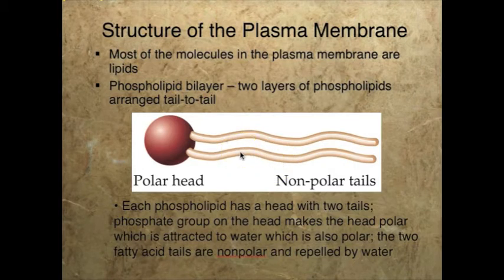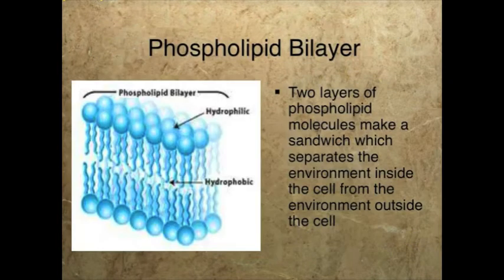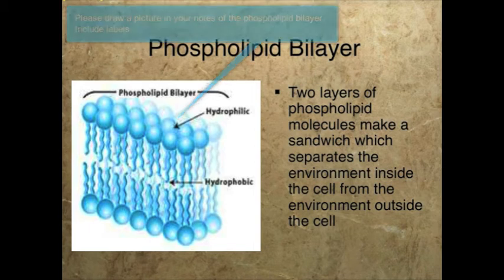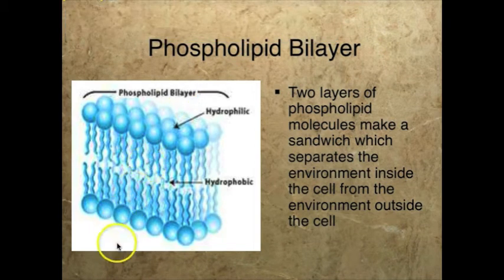So the polar head is attracted to water, which is also polar. And the two fatty acid tails, which are nonpolar, are repelled by water. This allows these phospholipids to arrange themselves in a bilayer, because the environment outside the cell is mostly water and the environment inside the cell is mostly water.